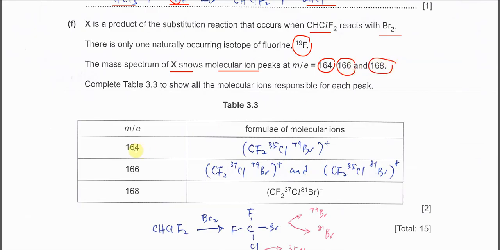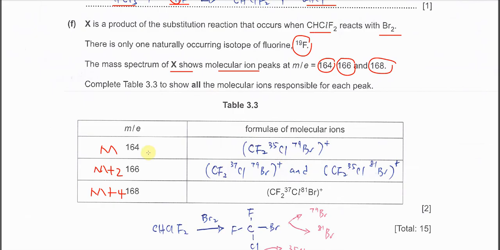This tells us that 164 is M, 166 is M plus 2, and this is M plus 4, an extra 4 mass units. So just fill up the table with the correct formula of the molecular ion.